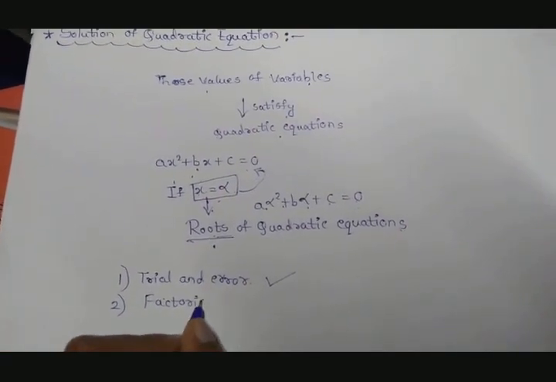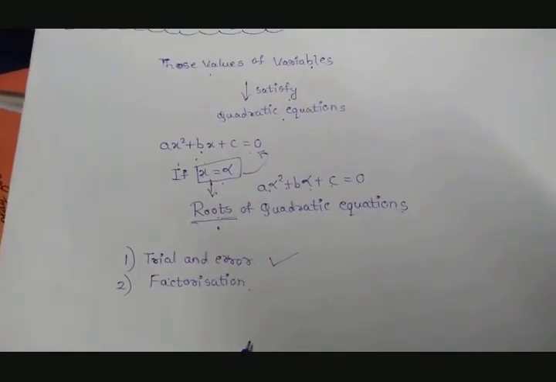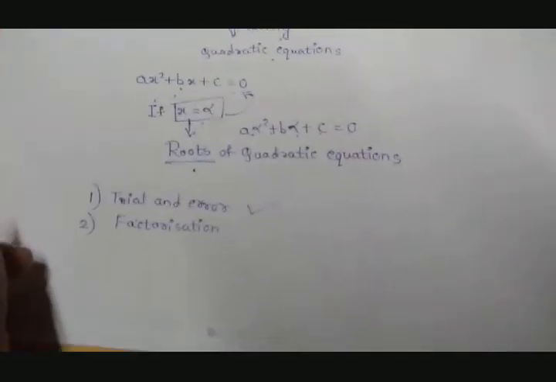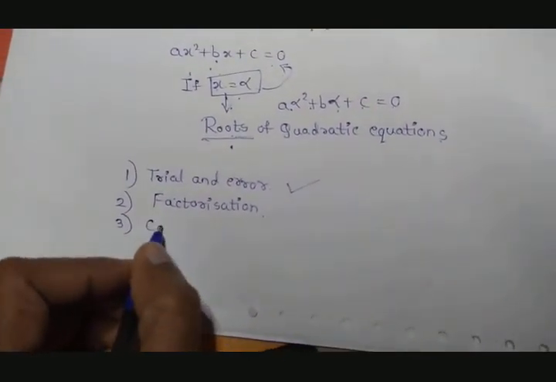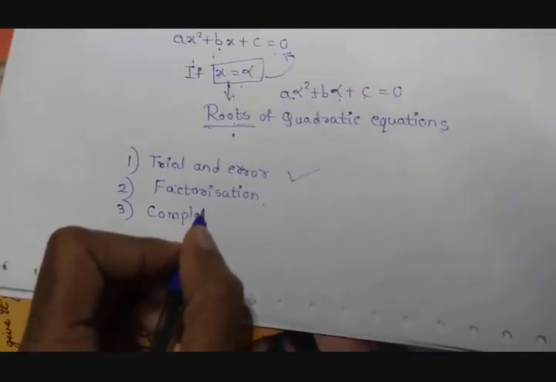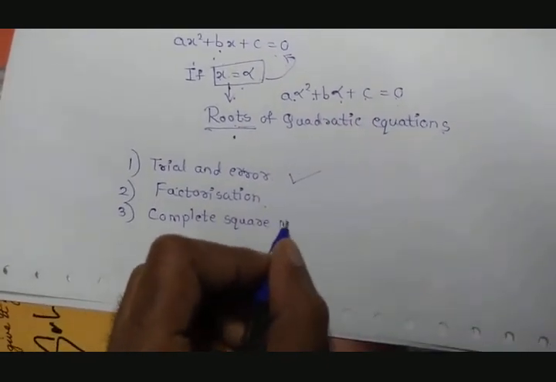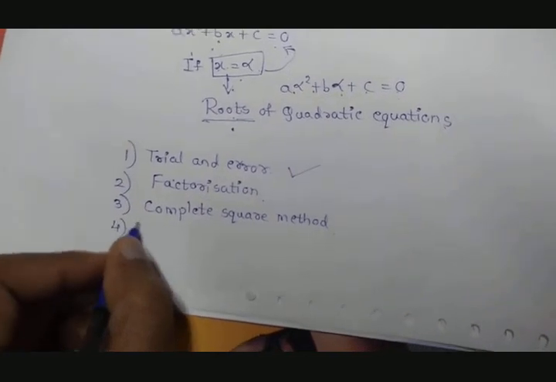Factorization is splitting the given quadratic equation into two linear factors. In 10th class, we will be studying an extra method, the completing the square method, and also Sridhara's quadratic formula method.